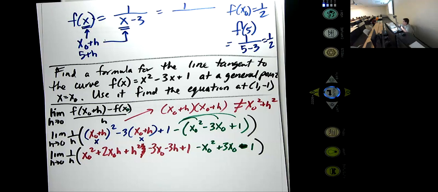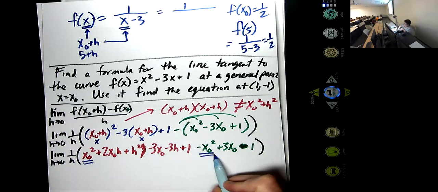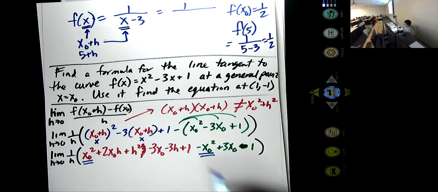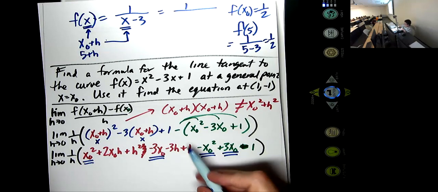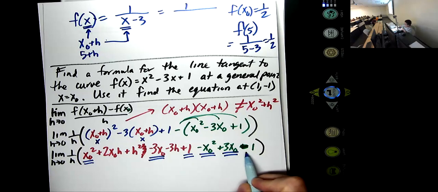All right, so what cancels out here? I've got an x naught squared and a negative x naught squared. Those are going to go away. I have a minus 3x naught and a plus 3x naught. And I've got a plus 1 and a minus 1.